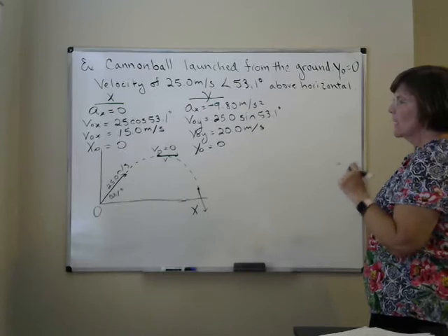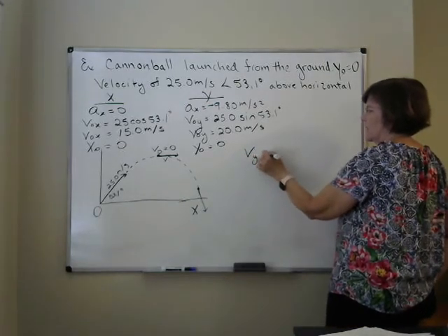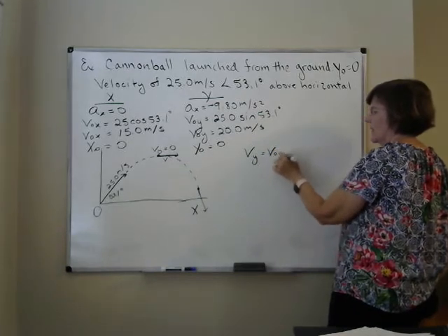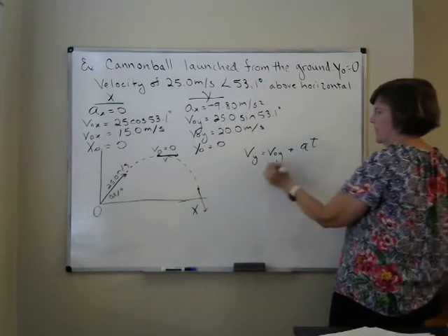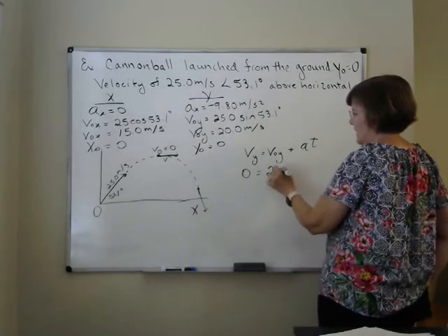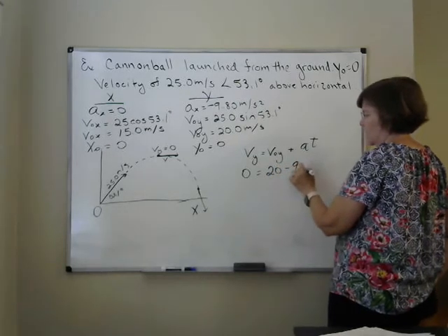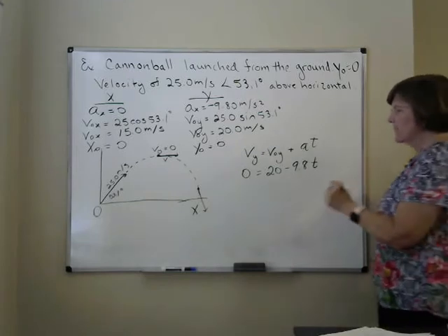When does Vy equal 0? Well, Vy equals V0y plus at. So if that's 0 and that's 20, excellent. It looks like it's going to be just a tiny bit over 2 seconds.